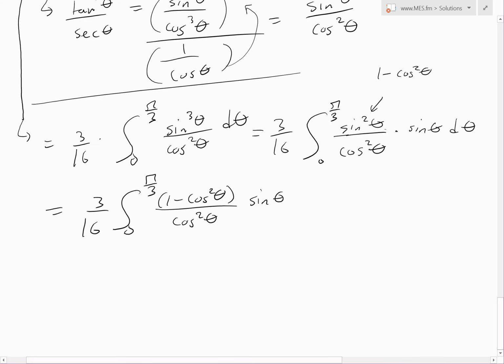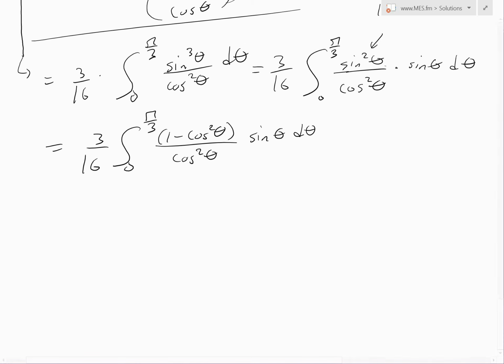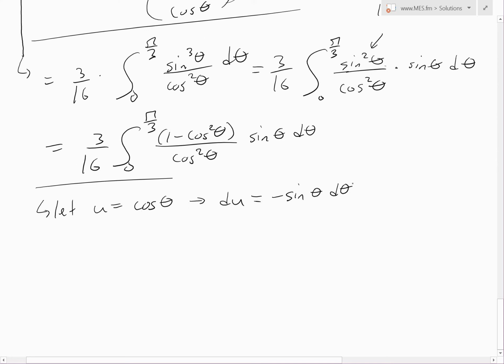So there's the sine theta. The reason we're doing this is because when we apply another regular substitution, let u equal cosine theta, then the derivative du equals, well, the derivative of cosine is negative sine theta, and now d theta.